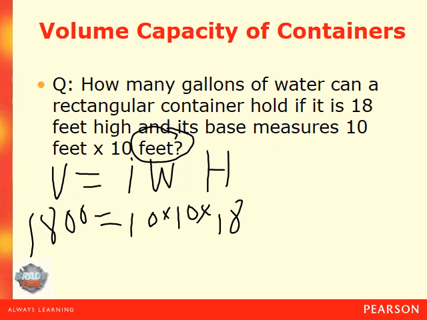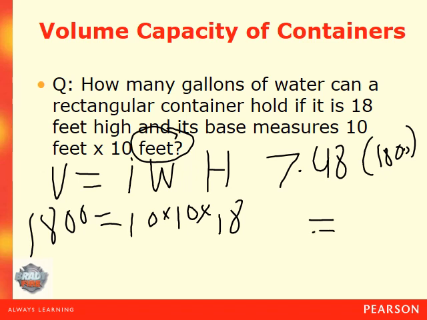Now, let's go back to the other part of the equation. Gallon capacity is 7.48 times our volume, which is 1800, and that equals the, and I'm just going to abbreviate this, GPC.